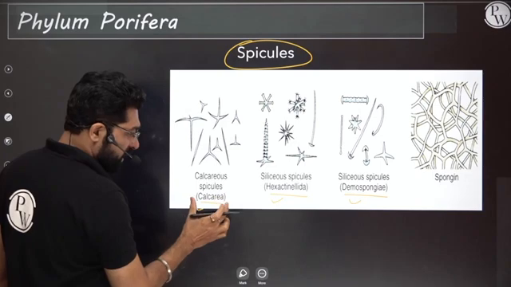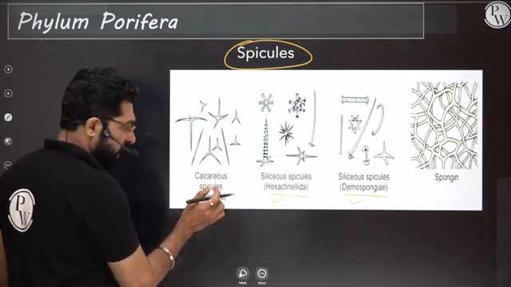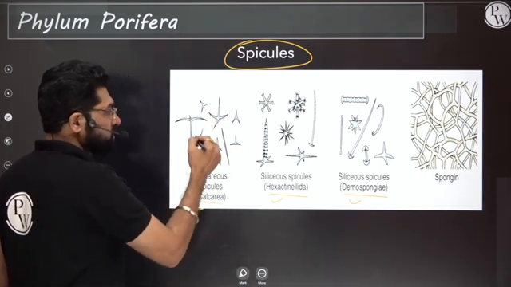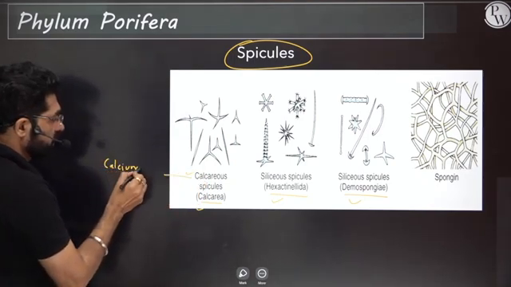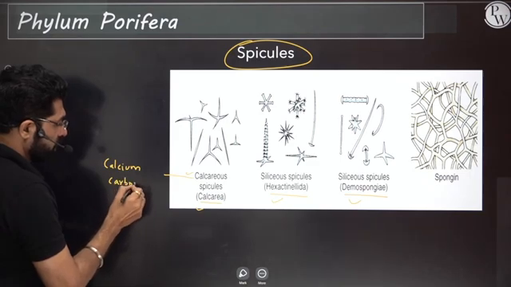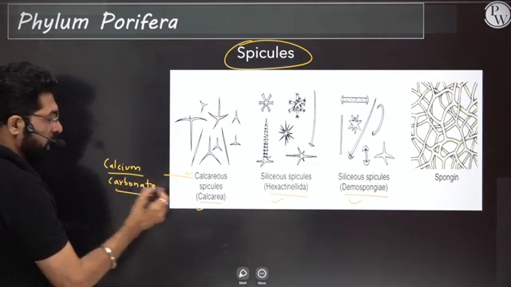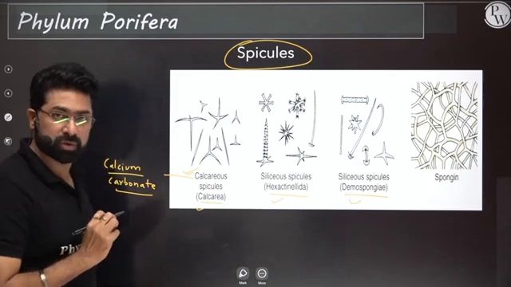Here you see the Calcarea class will have spicules which are calcareous spicules, meaning they are made up of calcium carbonate. Spicules made up of calcium carbonate are the calcareous spicules.